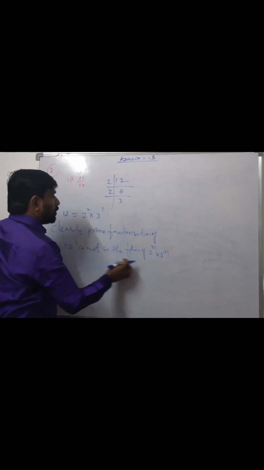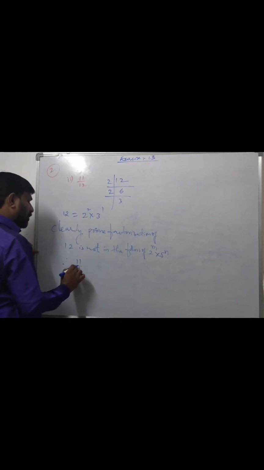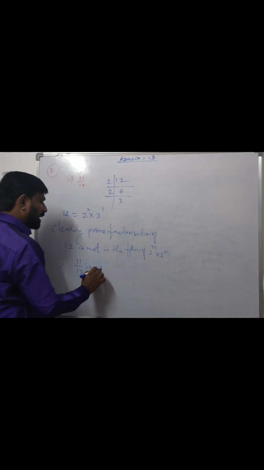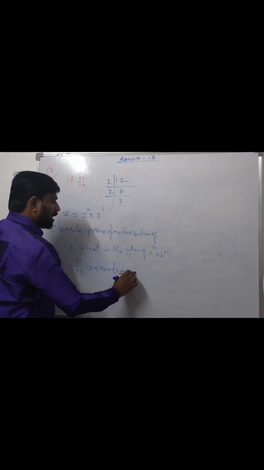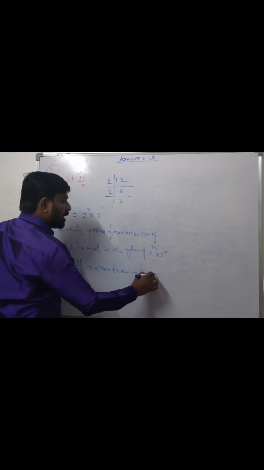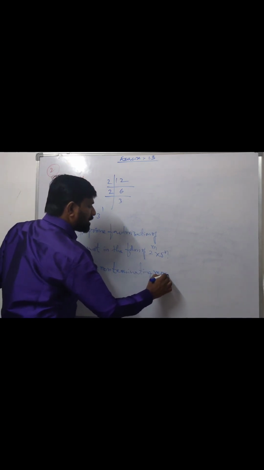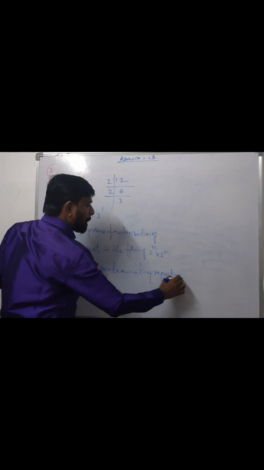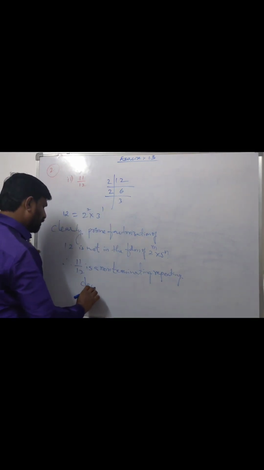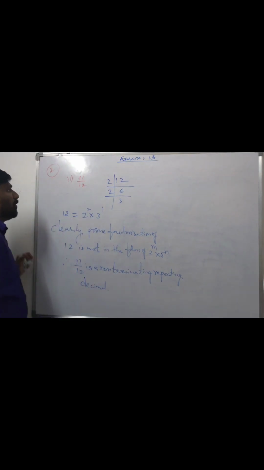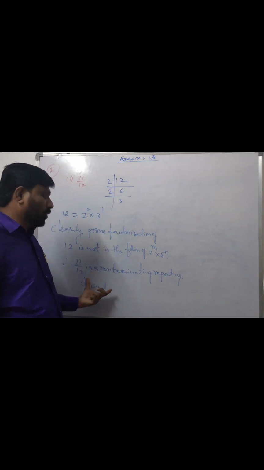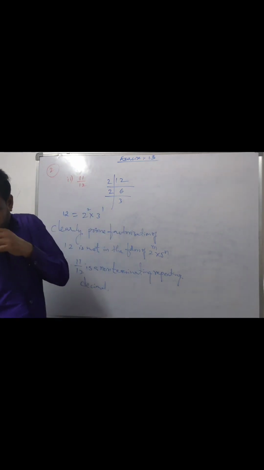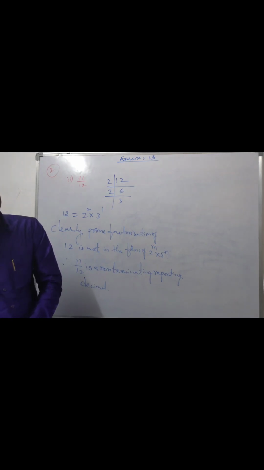Clear? So what we can conclude: 11 by 12 is a non-terminating repeating decimal. Right? Simple. We have to do the prime factorization of the denominator, then you can conclude it. Some other problem is there. Let us cross check here.